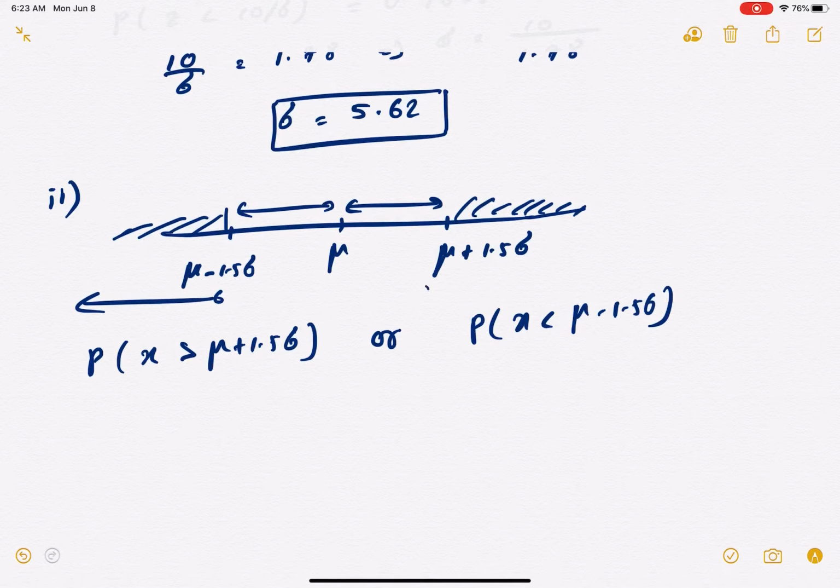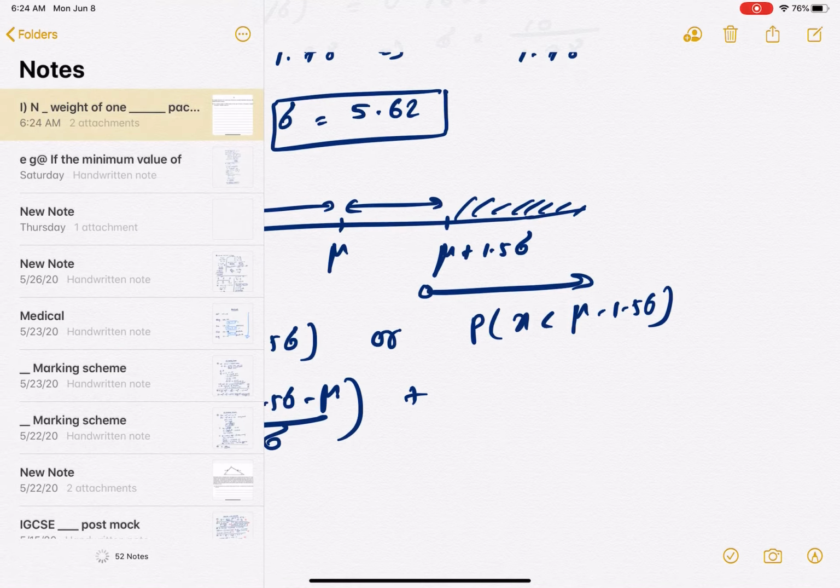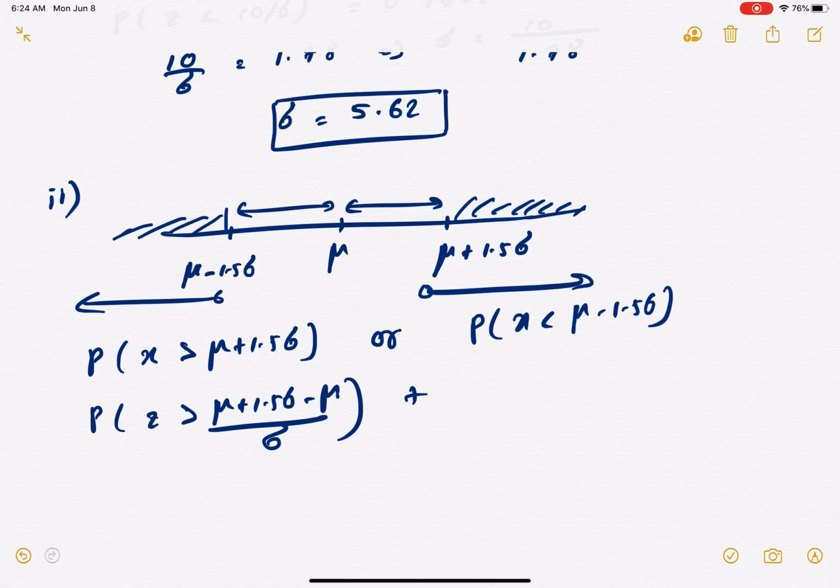So if you normalize, it's going to be z greater than (mu plus 1.5 sigma minus mu) over sigma, plus, since 'or' indicates we need to add the two probabilities, z less than (mu minus 1.5 sigma minus mu) over sigma.